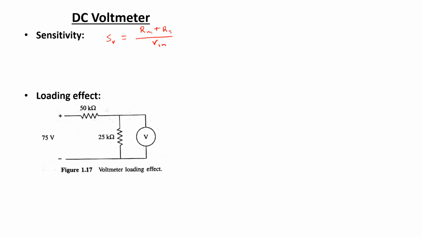Although it is indicated with ohms per volt, it is similarly related to the full scale deflection current as in case of the DC ammeter, because ultimately the PMMC moving mechanism is used for constructing the voltmeter. So how much maximum current the PMMC coil can carry, that will actually give this measure of sensitivity for the voltmeter.